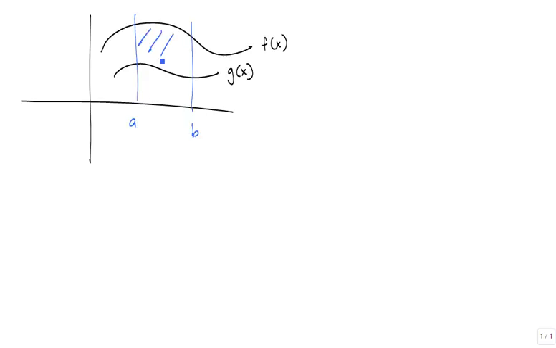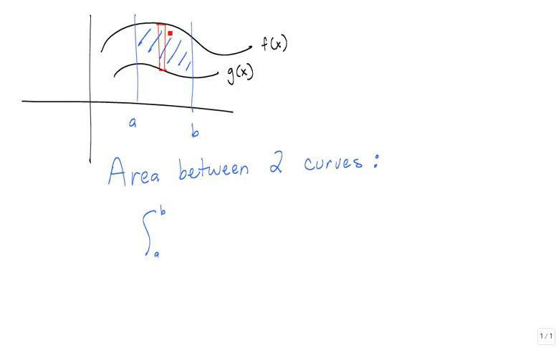So just for this picture, suppose we have these two curves. This is f of x and g of x, and we're going between A and B. Then the area between the two curves is going to be the integral from A to B, and the height of one of the rectangles is going to be this right here is f, and this right here is g.